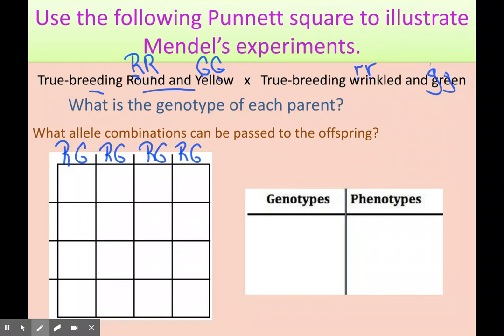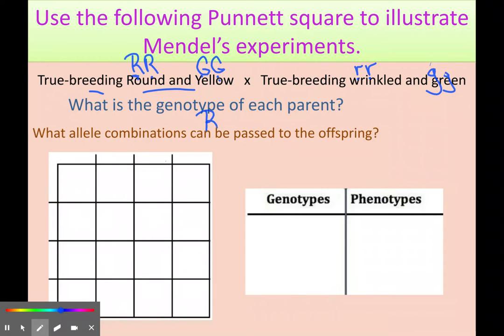But what if, let me clear these off so you can get an idea. Let's say the parent was actually big R, big G, little g. Okay, so in the first two boxes, you're going to put your first allele from the first trait.